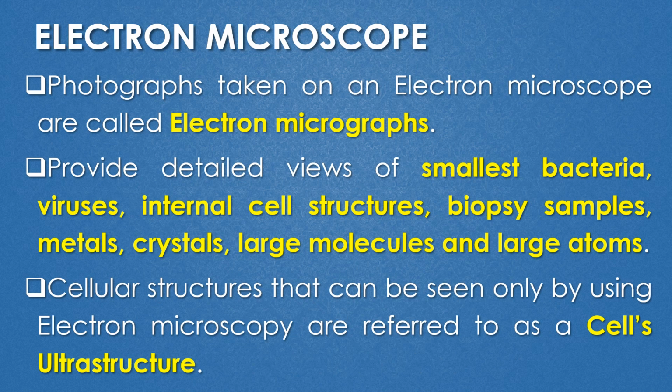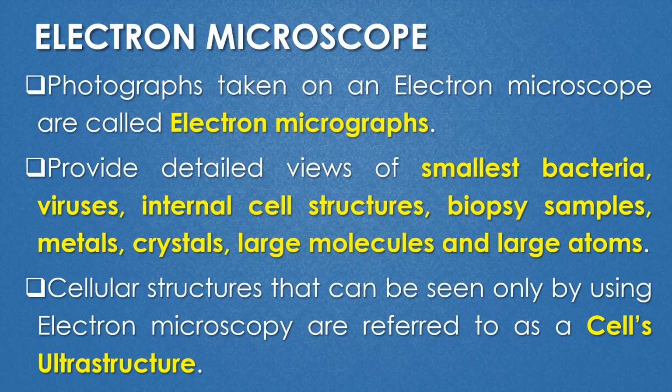Next, the photographs taken on an electron microscope are called electron micrographs, and they provide a detailed view of the smallest bacteria, viruses, internal cell structures like cellular organelles, biopsy samples, metals, crystals, large molecules, and large atoms.